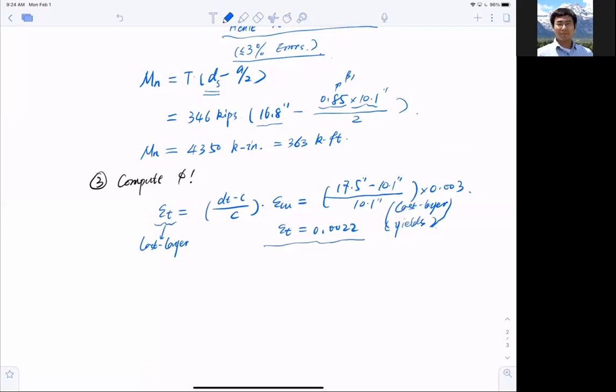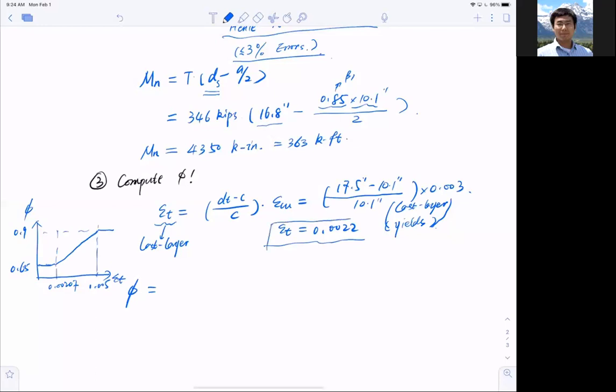So I find out the last layer strain is epsilon t equal to 0.0022, and I want to use the equation for phi. If you quickly recall, I want you to have this image in your head that phi at lower strain is 0.65, below 0.002, and at higher strain 0.005, it is 0.9, and then linearly interpolate. So immediately you see epsilon t equal to 0.0022 means that it's probably here in the middle, so I have to use that equation.